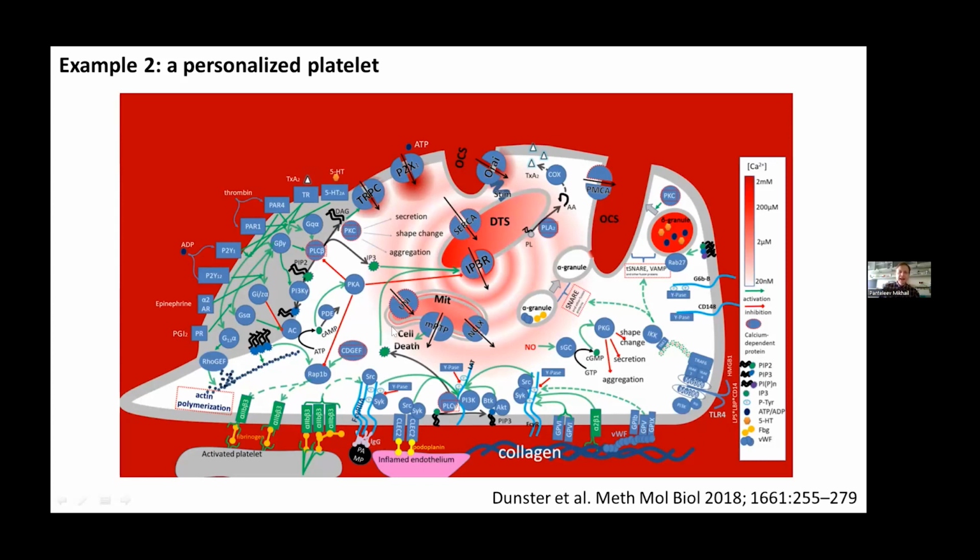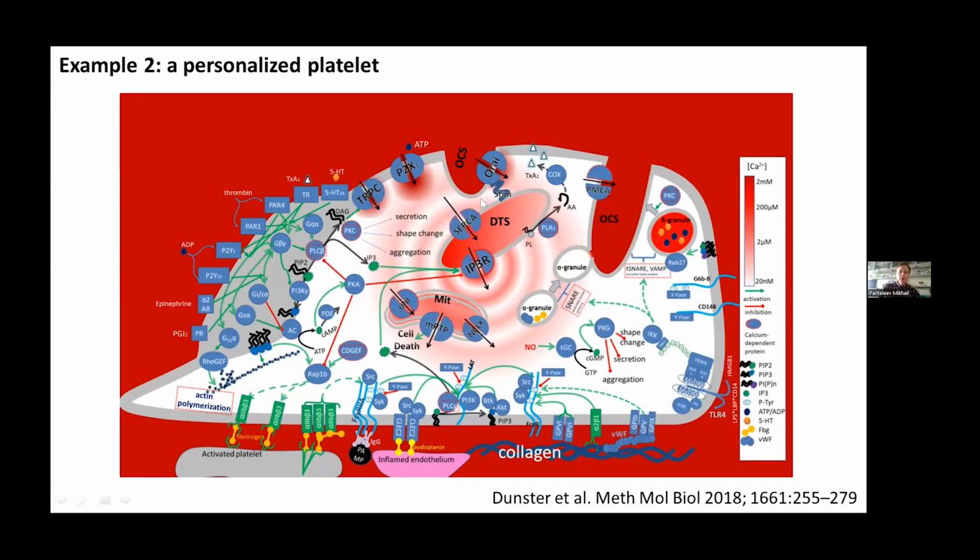And a platelet is essentially an analog computer that integrates this signal to produce a physiological response, most of all activation, but also procoagulant response. Platelets undergo programmed cell death in order to accelerate reactions of blood coagulation.